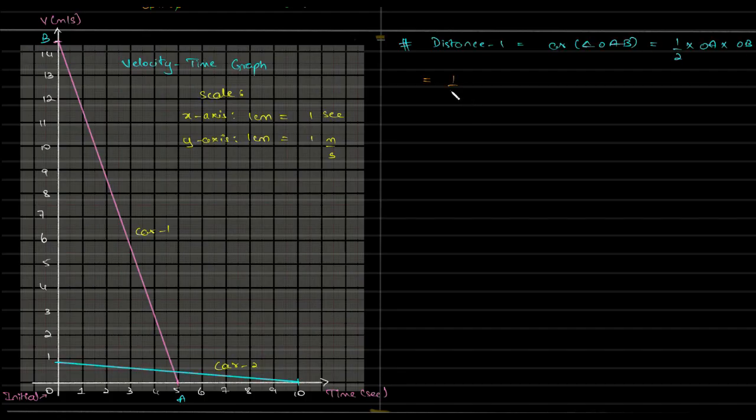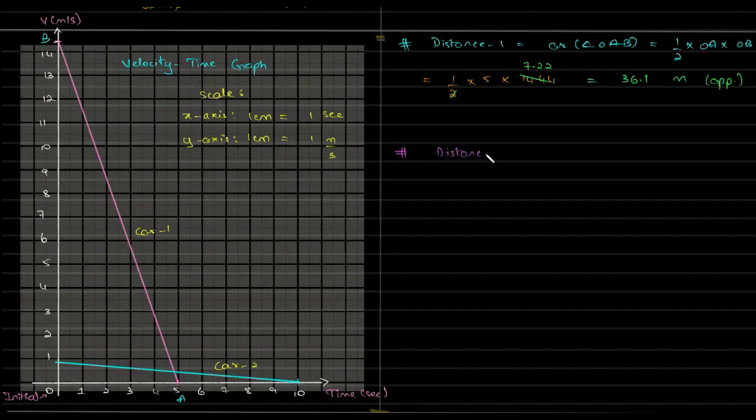So this would be half into base is 5 into height is 14.44. So you can do this: 2 ones are 7.22, then multiply 35 and 136.1 meters approximately. So that is the distance traveled by the first person in the matter of 5 seconds.